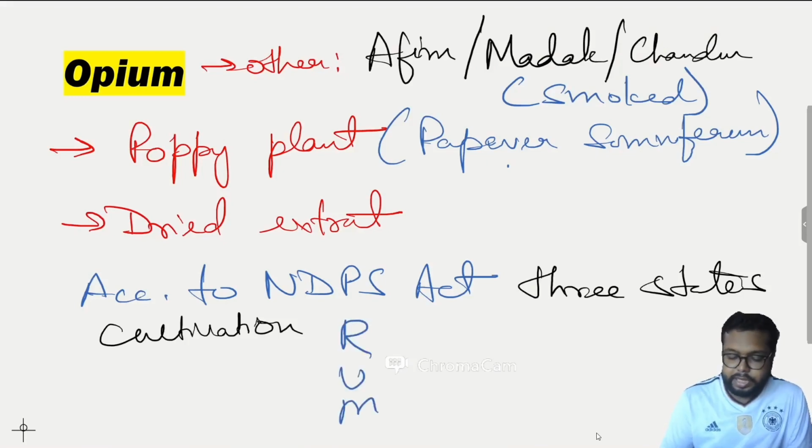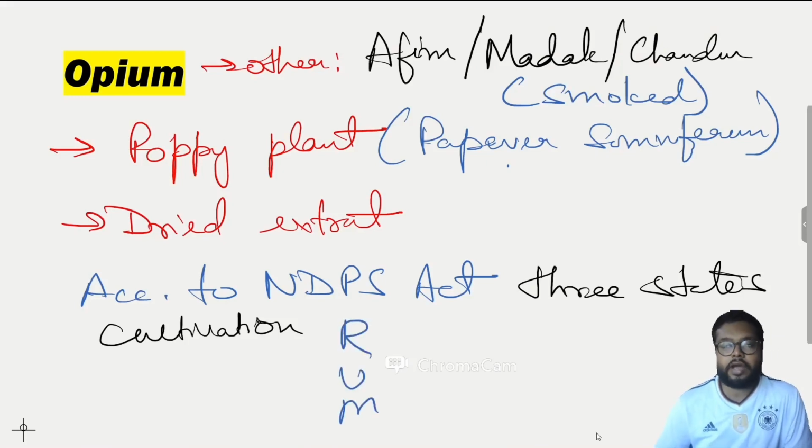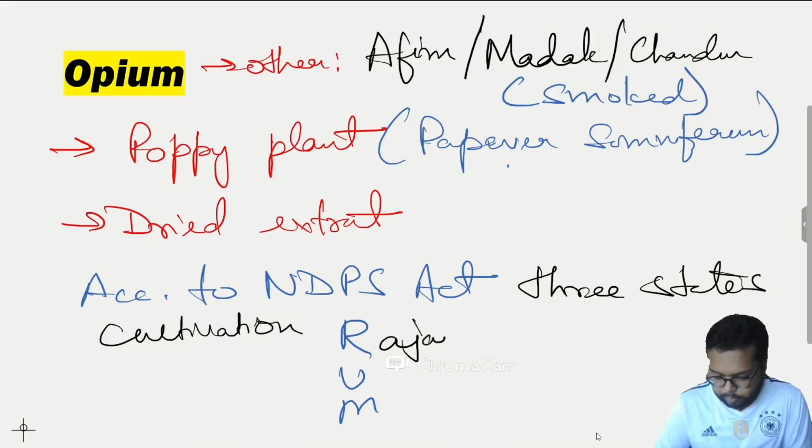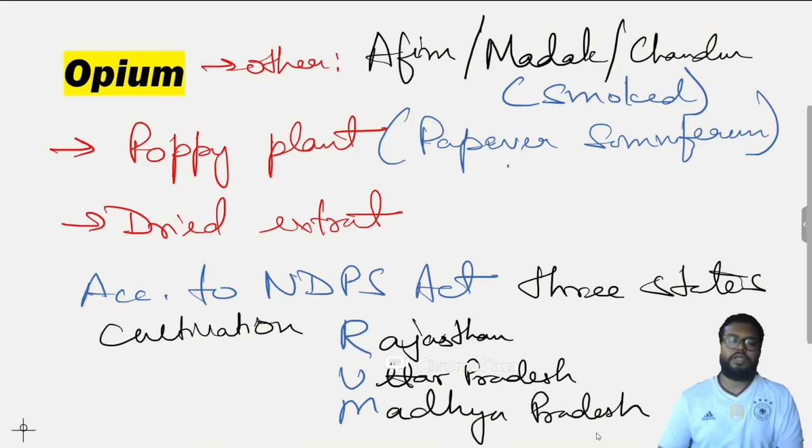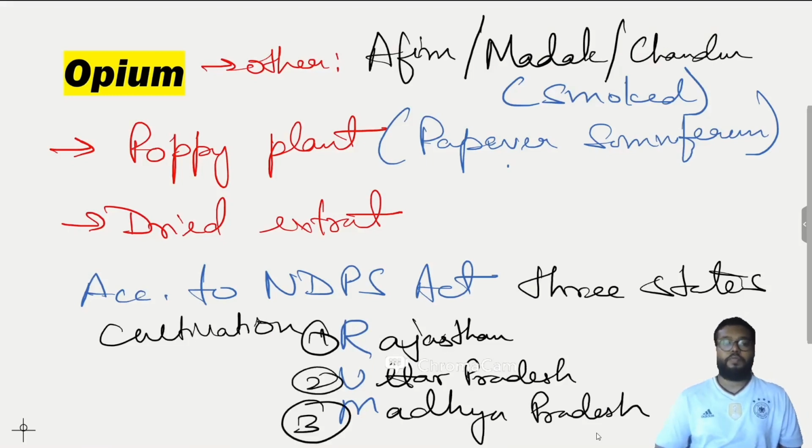So what are the RUM states which are allowed for cultivation of opium under the NDPS Act in India? Rajasthan, Uttar Pradesh and Madhya Pradesh. So these 3 states are allowed for cultivation of opium or the poppy plant in India.